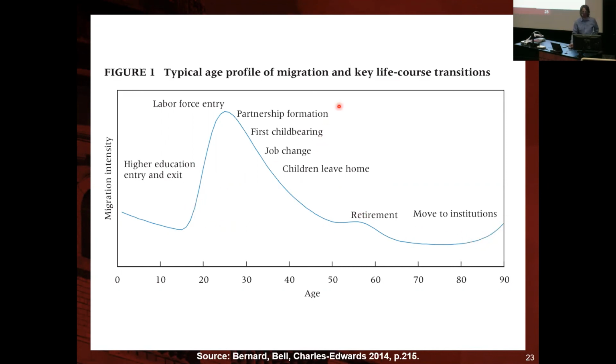But you see these life course transitions. This is really related to that diagram about proximate determinants of migration. Education, people entering college, finishing college, getting a job, and then life starts to be more stable. The chances of migration decline.